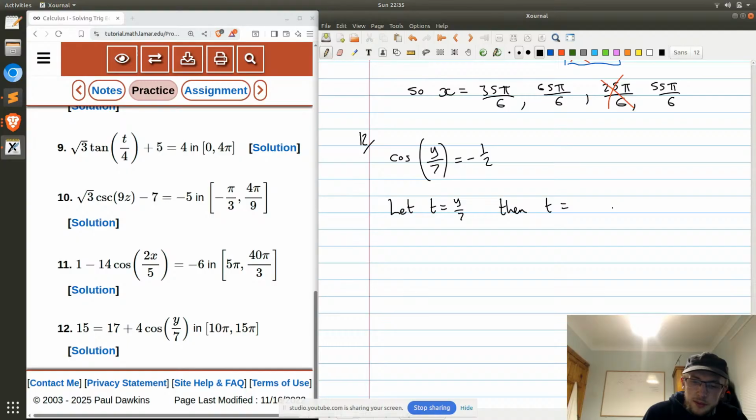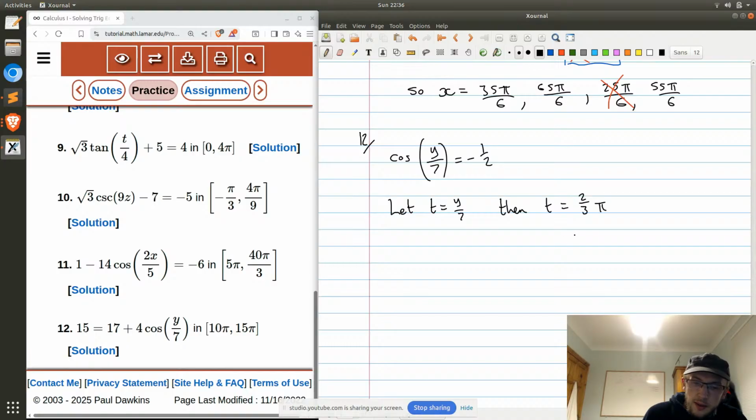Come on, compute. Just takes so long, doesn't it? Right, so if it has to be negative a half, then it has to be 2/3 of pi. That's one answer.